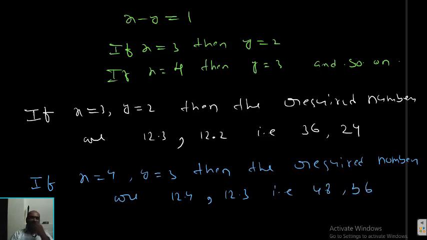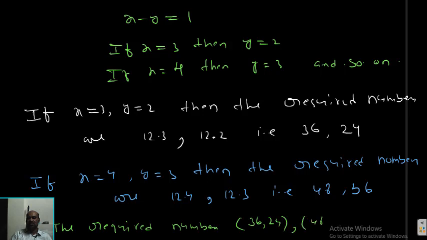So this is another pair. Like that you get infinitely many pairs. Therefore the required numbers, I can write in pairs: 36, 24; 48, 36; and so on. Infinitely many pairs exist.